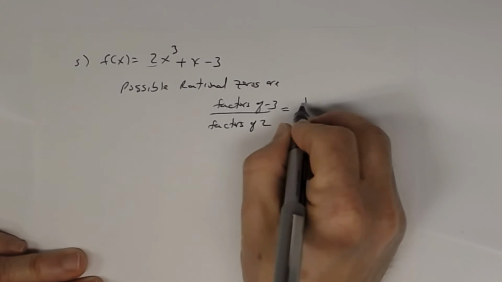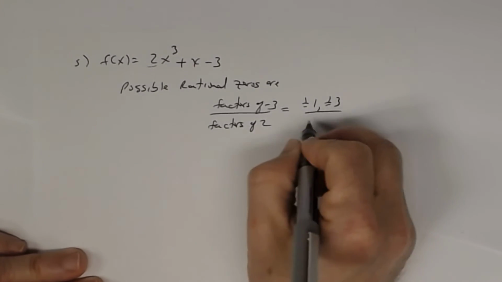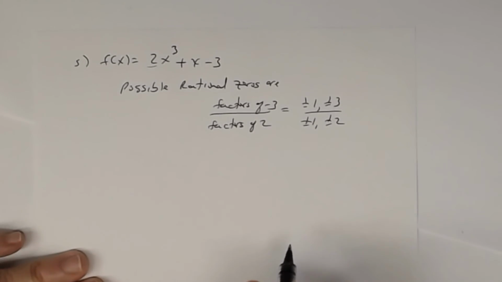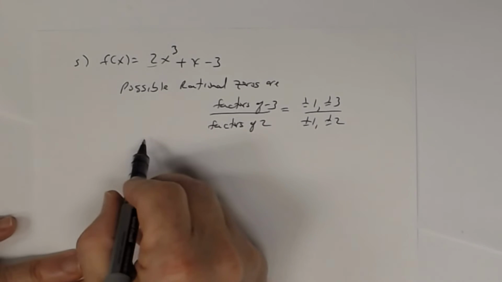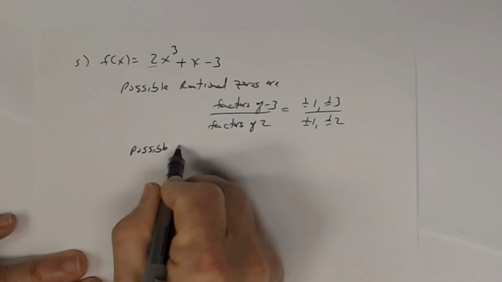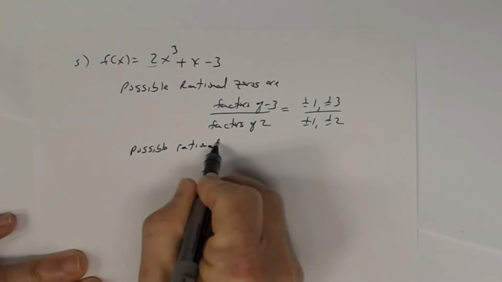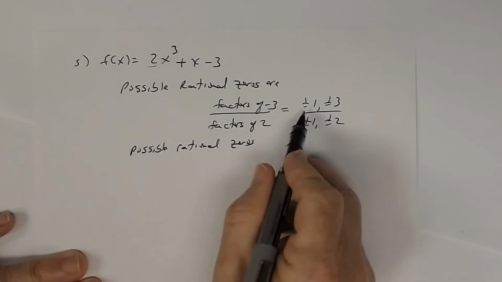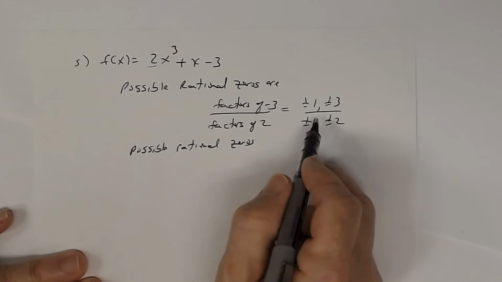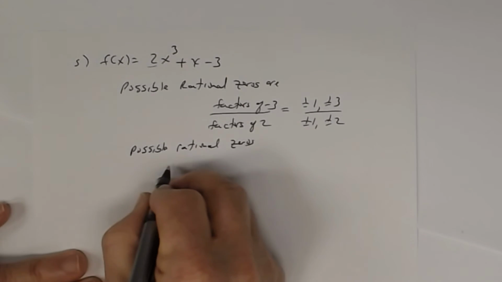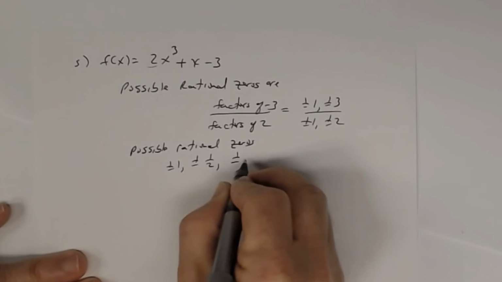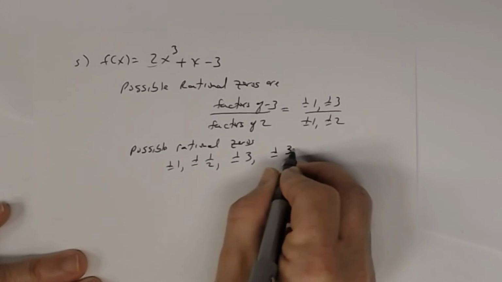So this becomes plus or minus 1, plus or minus 3, over the factors of 2, plus or minus 1, plus or minus 2. So you can write the possible rational zeros: 1 divided by 1 is 1, 1 divided by 2 is 1 half, 3 divided by 1 is 3, 3 divided by 2 is 3 halves. So plus or minus 1, plus or minus 1 half, plus or minus 3, plus or minus 3 halves.